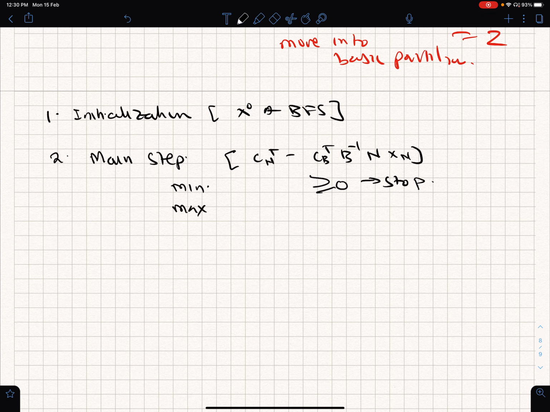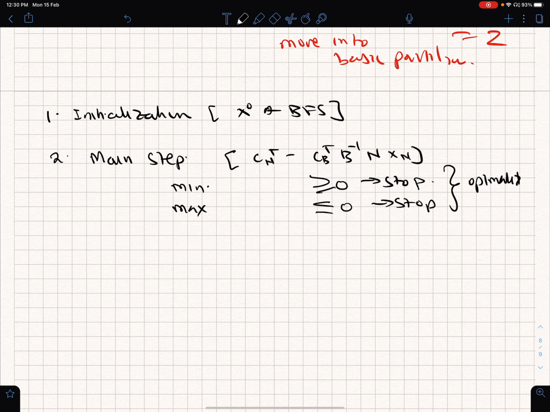In case of a maximization problem, if this is less than or equal to 0, we stop, because increasing non-basic variables would reduce the objective function, that is, take you further away from the maximum. So these are the optimality conditions.